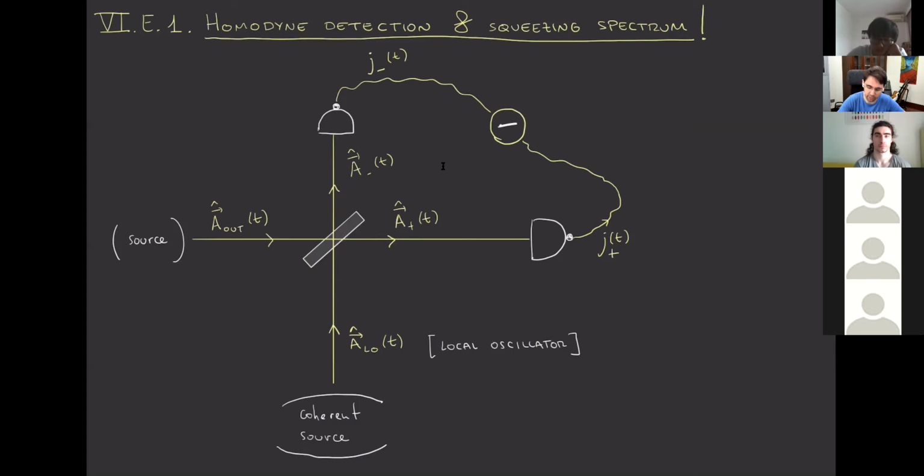So we just take the signal plus, the signal minus, and we do the subtraction. And what I will show you is that the photocurrent that appears from here, so this is just the subtraction of the two signals, J plus minus J minus, okay? This we will call the Homodyne photocurrent.